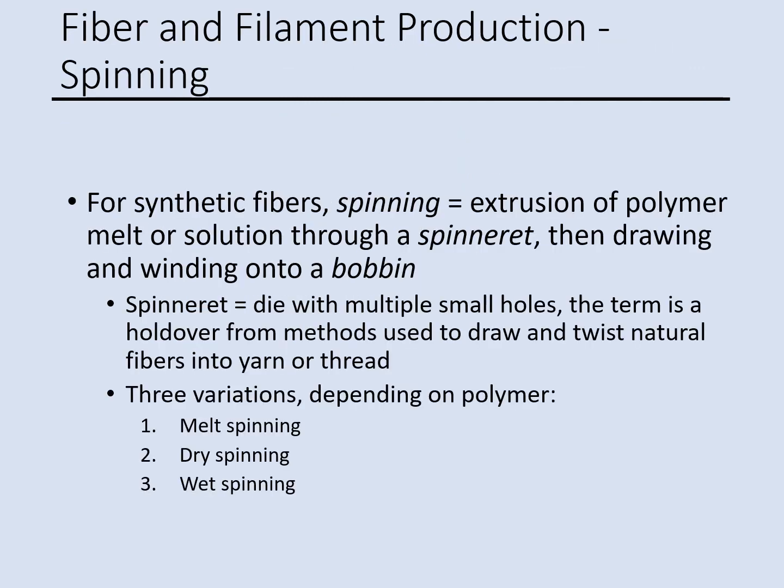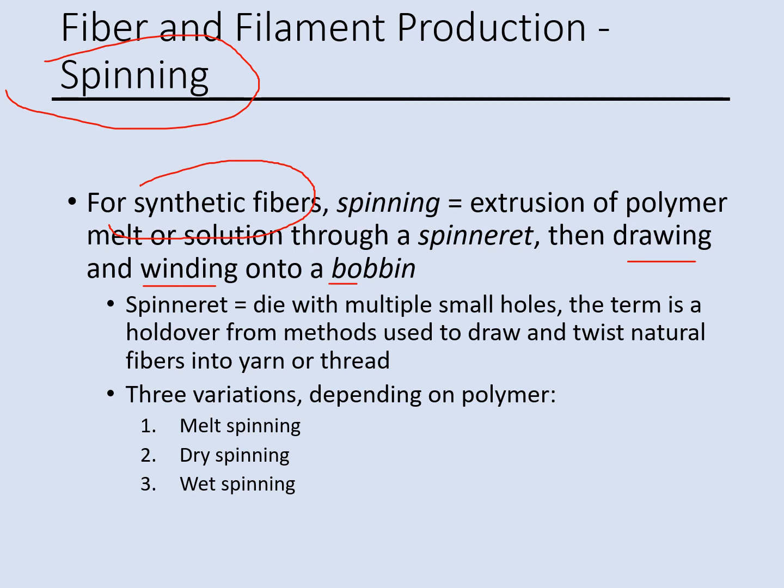One of the processes for fiber and filament production is called spinning. We use spinning for synthetic fibers, and it is simply extrusion of the polymer melt or solution through a spinneret. Then we draw and wind it onto a bobbin.